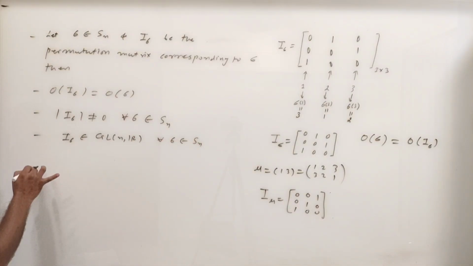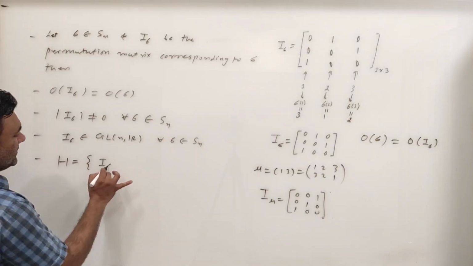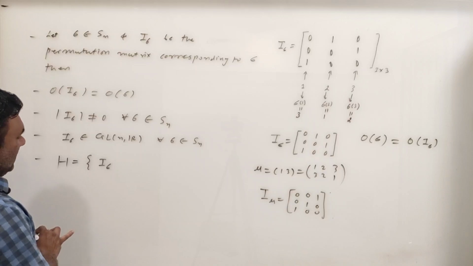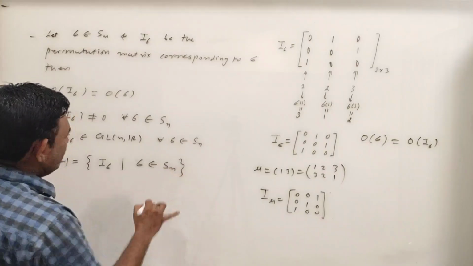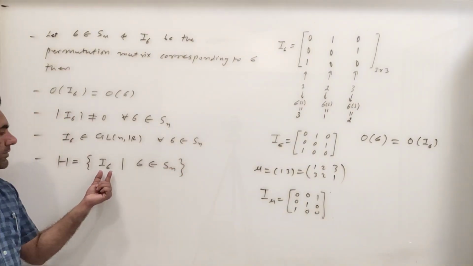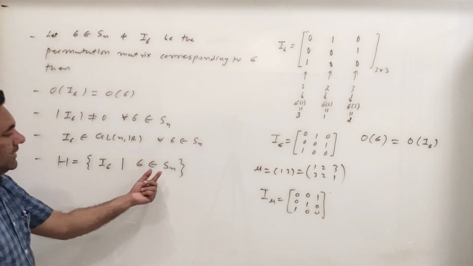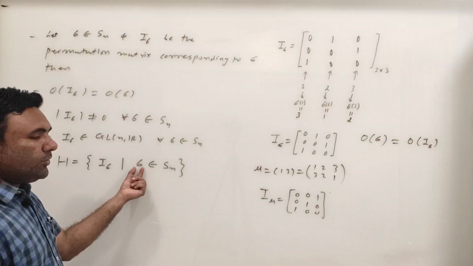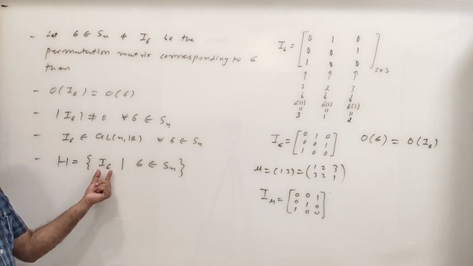Third thing. Now you consider a set, and let me give the notation. Consider H equal to the set of I sigma where sigma belongs to Sn. You consider Sn, then you consider different permutations, and corresponding to each permutation you consider the permutation matrix, and you collect all permutation matrices.